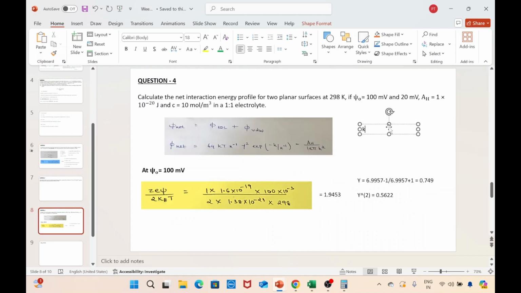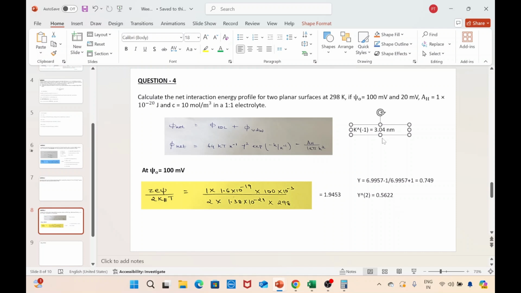I have previously calculated this value, so I'm not going to show the calculation here. The value is 3.04 nanometers. We have also done multiple problems on calculating Debye length and Debye-Huckel parameter, so I'm just going to write this value as 3.04 nanometers.